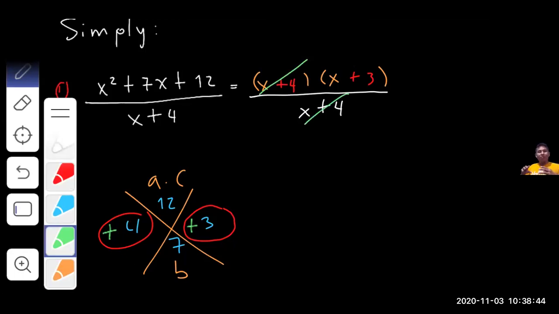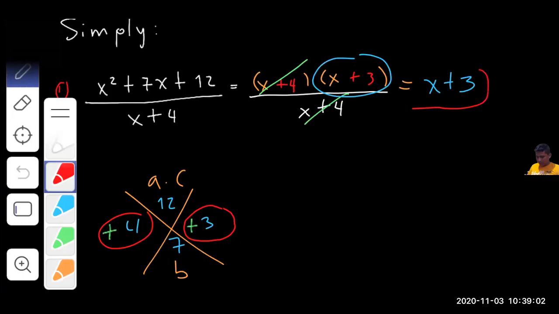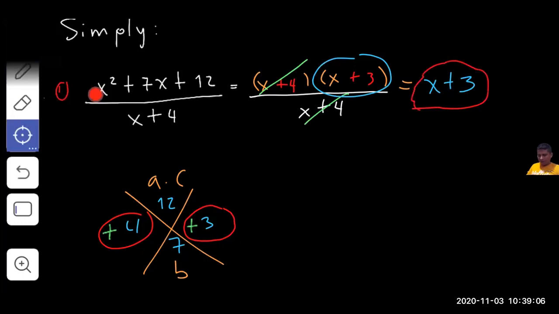I can cancel them out. That is going to be equal to 1, right? Something divided by the same quantity is equal to 1. And what am I going to get? Just the x plus 3. That's the only thing I'm going to get, and this is going to be my answer. Take a look: instead of having a trinomial over a binomial, I just have a binomial, which is much simpler.